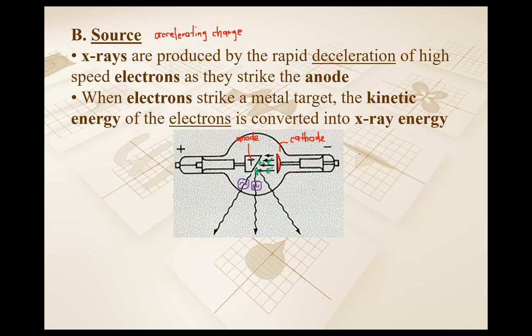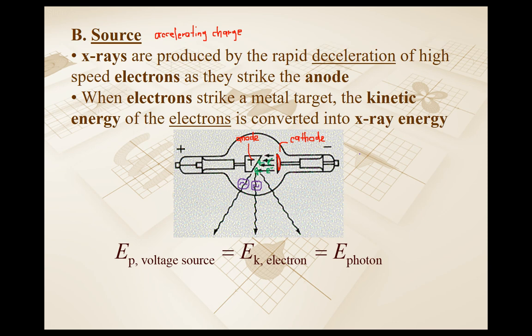Now, I'm just going to show a little bit of an energy conversion that's occurring in terms of where does the energy start and where does it end up? So we have this cathode ray tube hooked up to a high potential voltage source. So that's your battery. That high potential voltage source does work to make electrons move across the tube. So that potential energy is used to accelerate electrons across the tube.